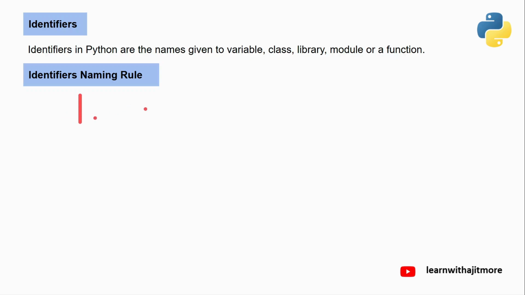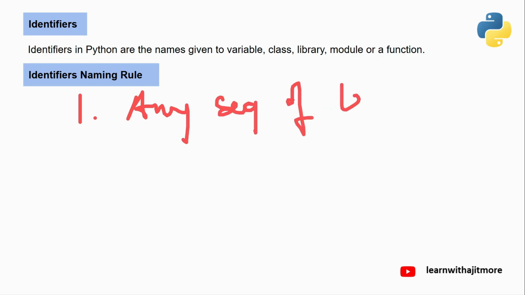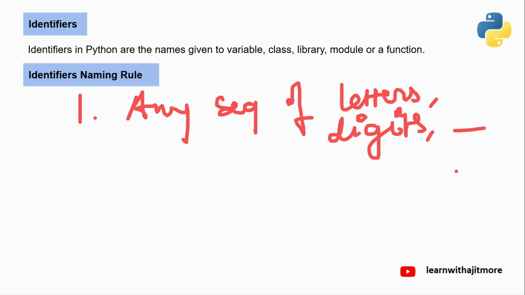First rule is it can be any sequence of letters. Letters means A to Z uppercase, A to Z lowercase, doesn't matter. Letters, digits, and underscore.